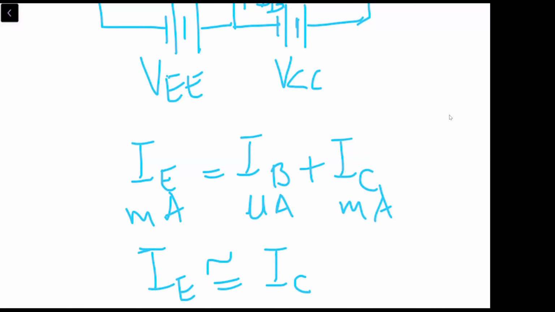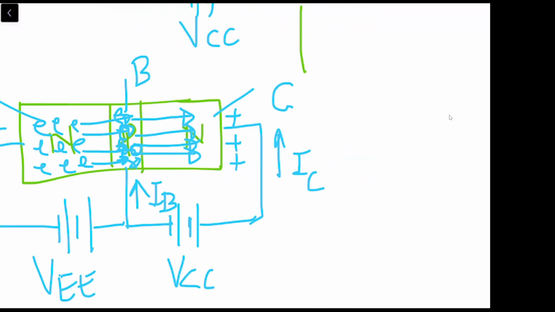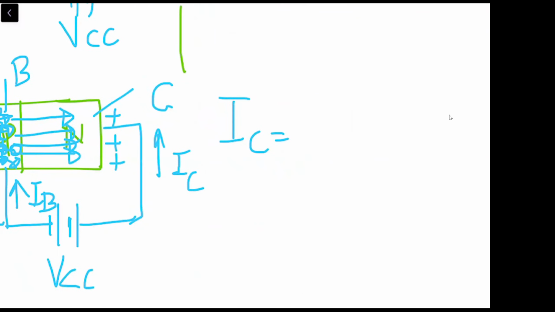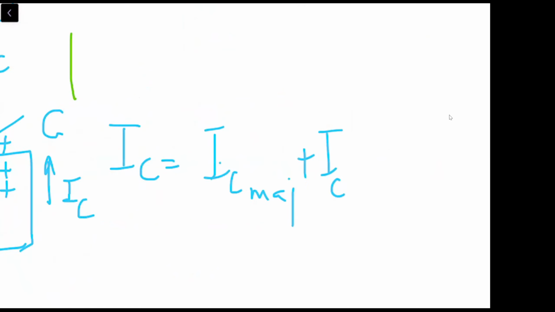And when we take a look at the collector current itself, which is IC, what we can say is that IC is actually equal to IC majority plus IC minority, right?